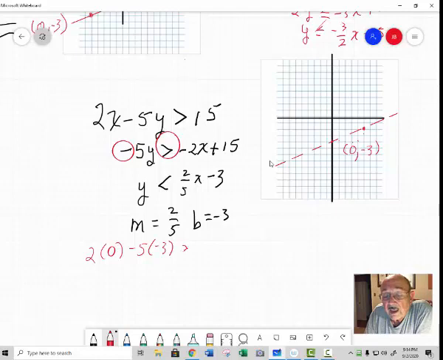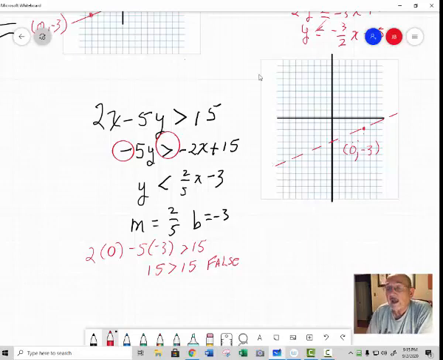Up here, on the previous example, this point right here was on my graph.